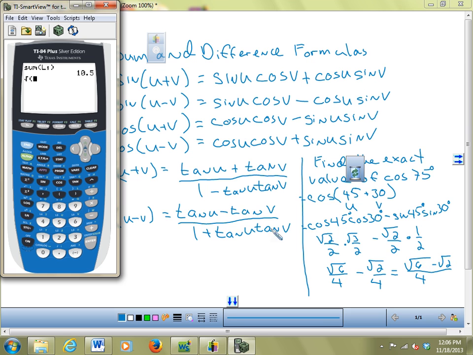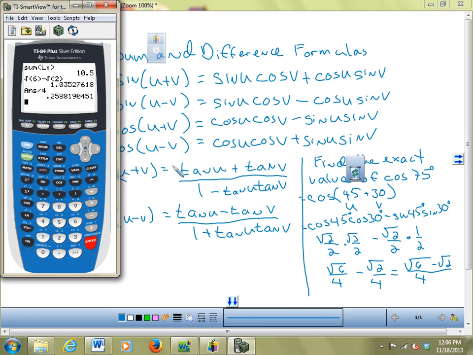Second square root of 6 minus second square root of 2, divided by 4, and I get 0.258819.